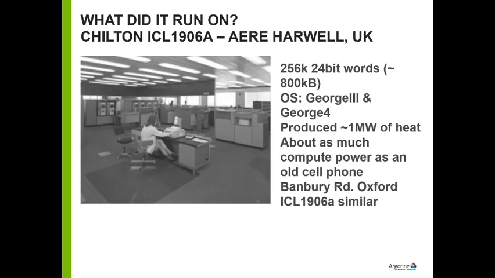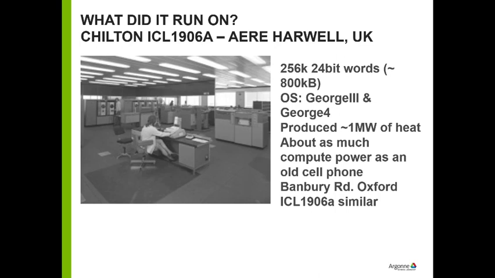Okay, what did it run on? It ran on this thing, or at least the equivalent one at Oxford, which is something called an ICL 1906A. ICL is the English equivalent of IBM. This is its characteristics. It's not very big. It ran on an operating system called George III, which I always thought was slightly amusing.